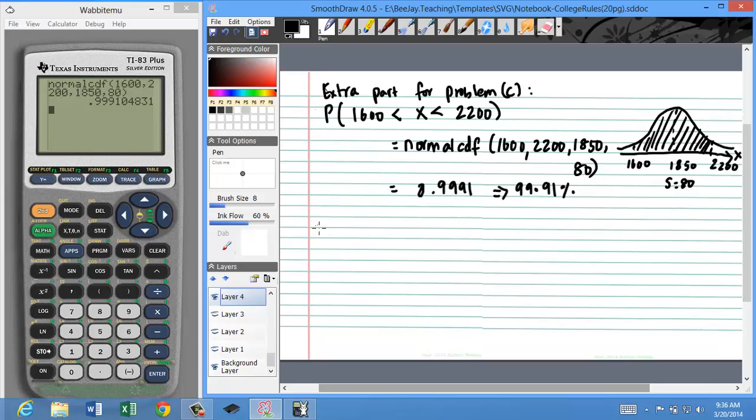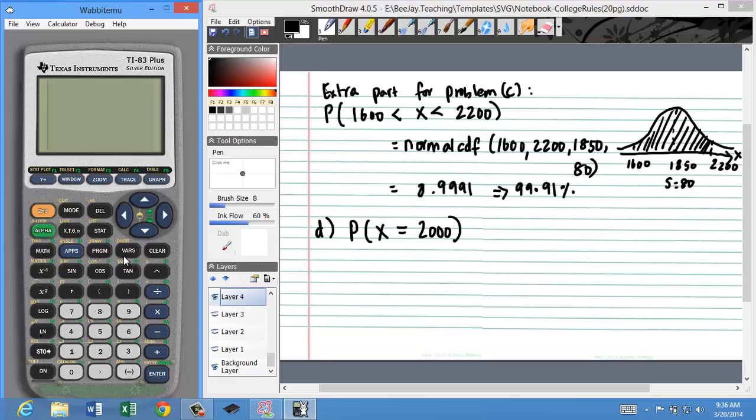And continuing this thought, problem D asks us to find the probability of x equal to 2000 calories, I believe, exactly 2000 calories. Now you might say I could do x is equal to 2000. Well, if it is 2000, the area would start at 2000 and end at 2000 because x is exactly equal to 2000.